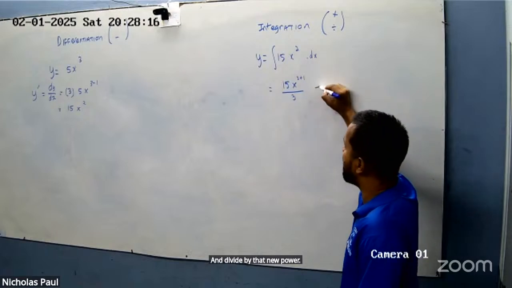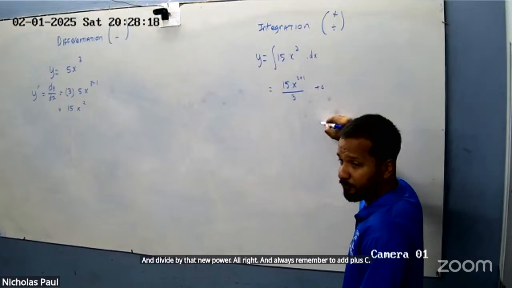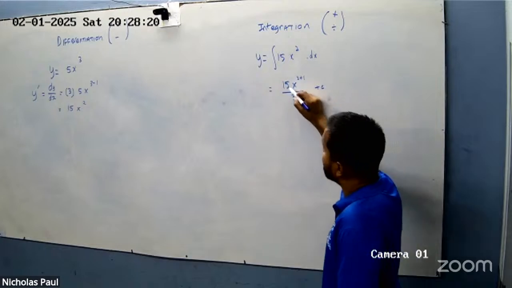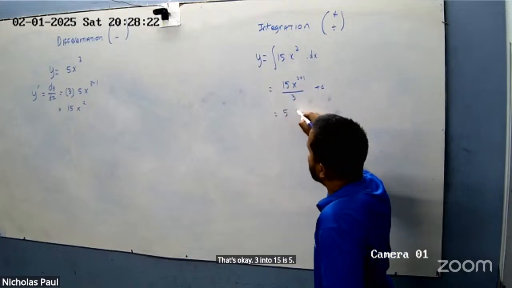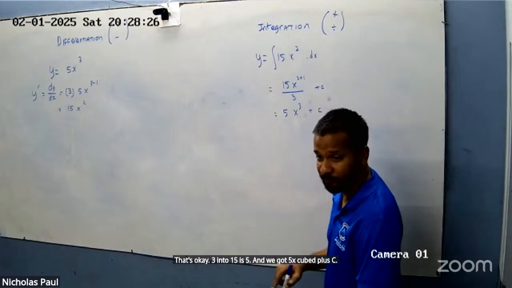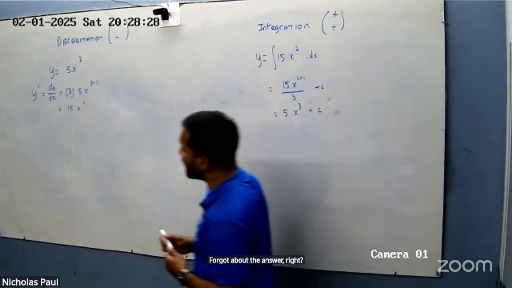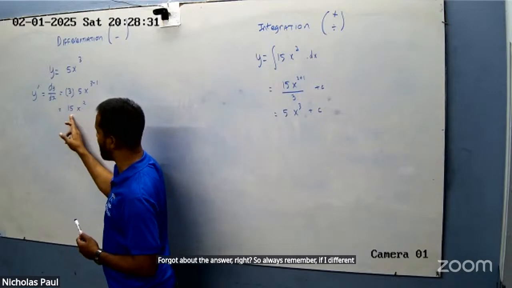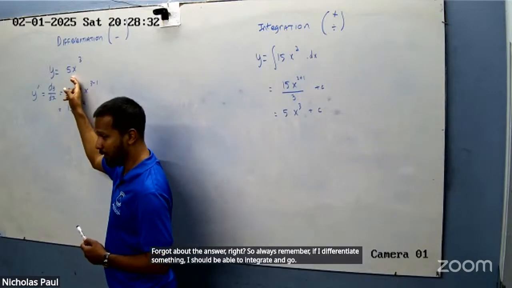And always remember to add plus c. 3 into 15 is 5, and we got 5x cubed plus c. We got back the answer. So always remember, if I differentiate something, I should be able to integrate and get it back.